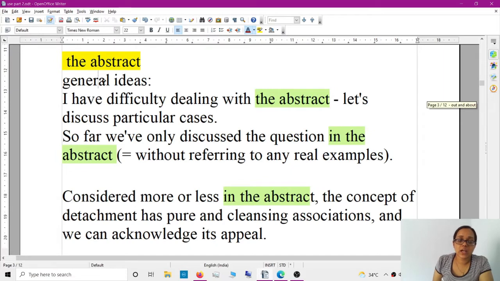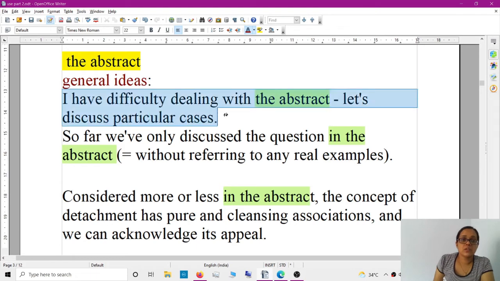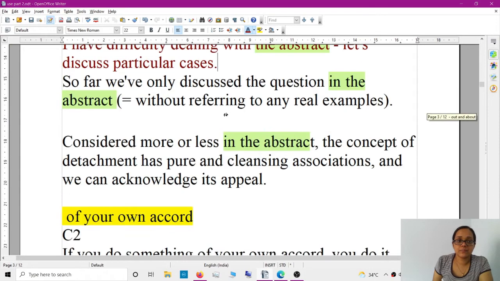Next is abstract. Abstract means general ideas. I have difficulty dealing with the abstracts. Let's discuss the particular cases.